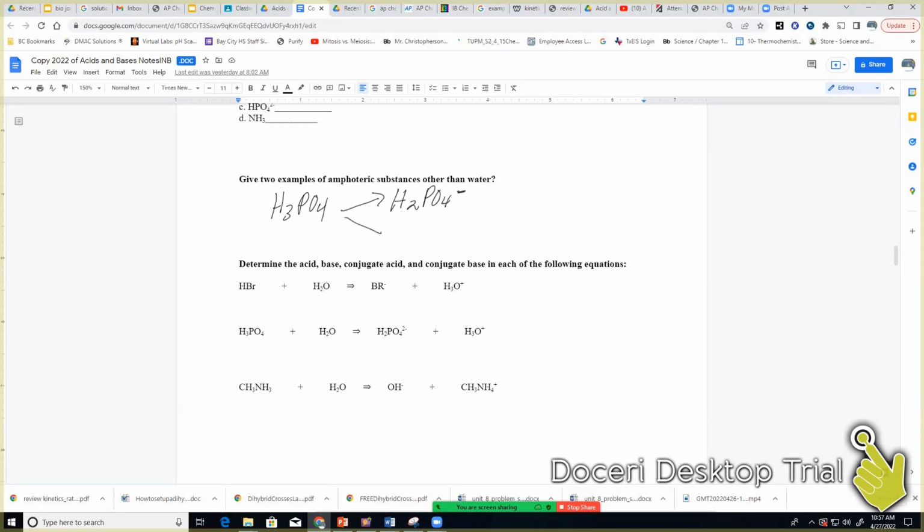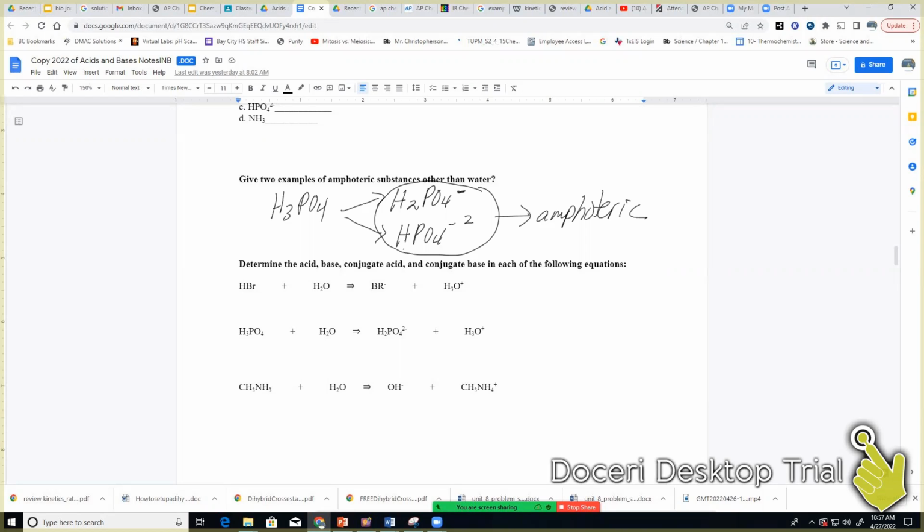And then it can lose another hydrogen and become HPO4 -2. Those two are amphoteric because they both still have one more hydrogen to lose, so that makes them an acid, and then they both have room to gain a hydrogen also.